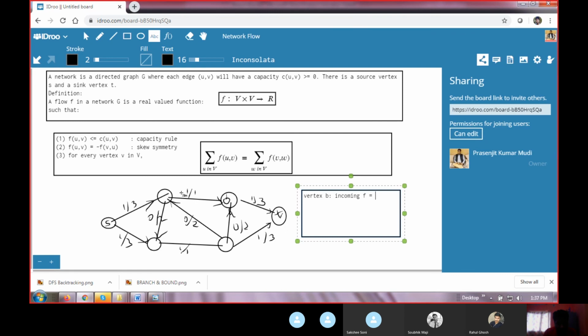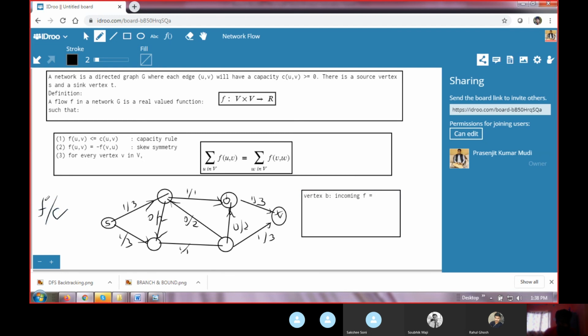One is labeled 1 by 1, and another edge is 0 by 2. These are the incoming edges. What is this thing? The f by c.